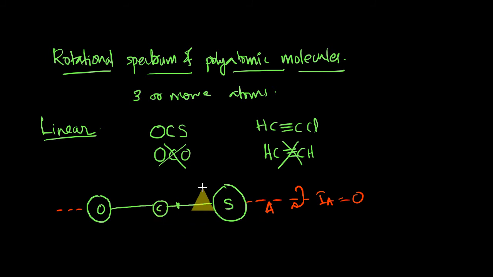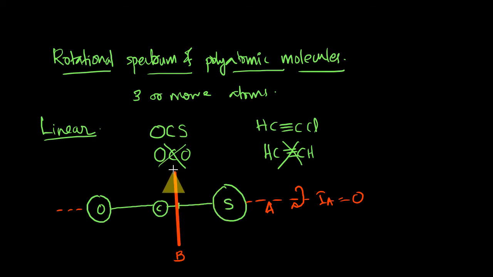But if we consider another axis, passing through the center of gravity like this, let me call this axis B. If the molecule is rotating about this axis, all the atoms will change their position in space, moving in a circular path.